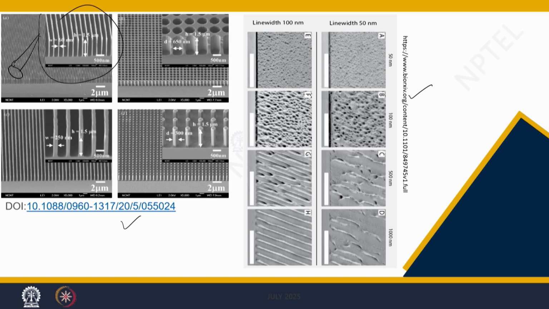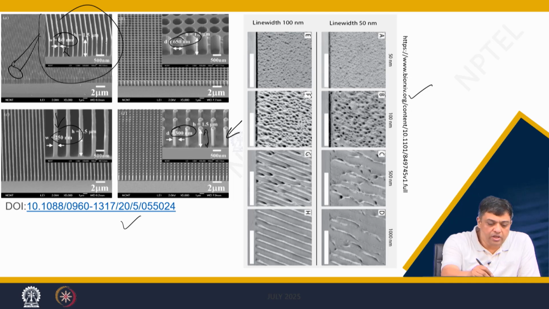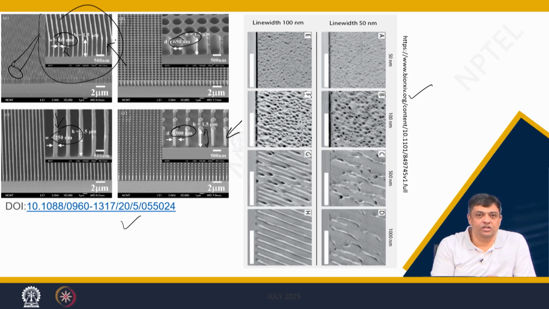You can clearly see that the thickness can be tuned quite significantly. You can go from 60 nanometers to 250 nanometers to 300 nanometers. You can modulate the size, you can modulate the structures. For example, this one shows a pillar like structure, while this structure is showing you a planar structure, a sheet like structure.